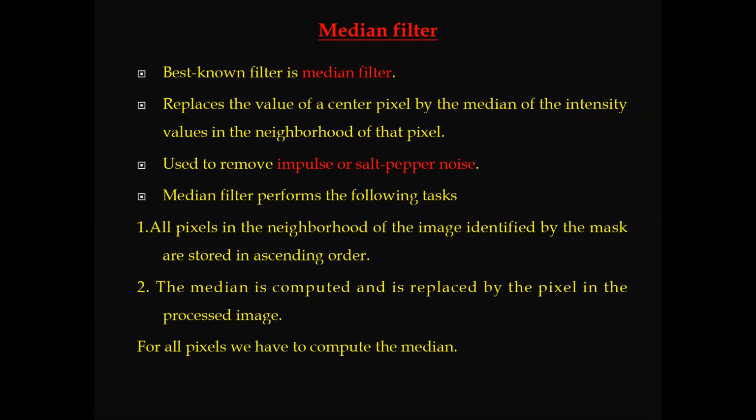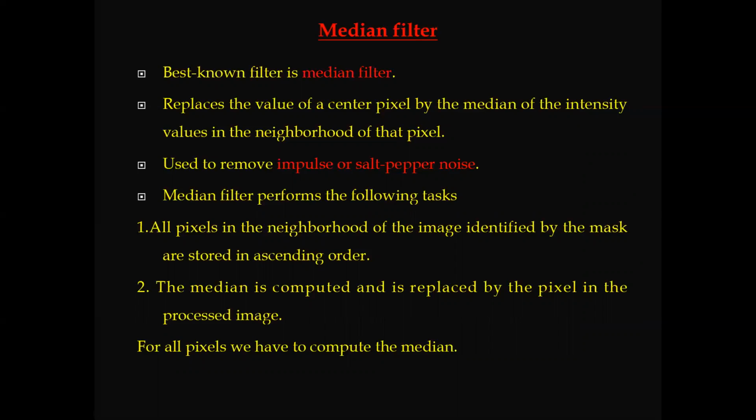So we will try to understand the median filter, which calculates the median value. It replaces the value of the center pixel by the median of the intensity values in the neighborhood of the pixels. Generally, median filters are used to remove salt and pepper noise.